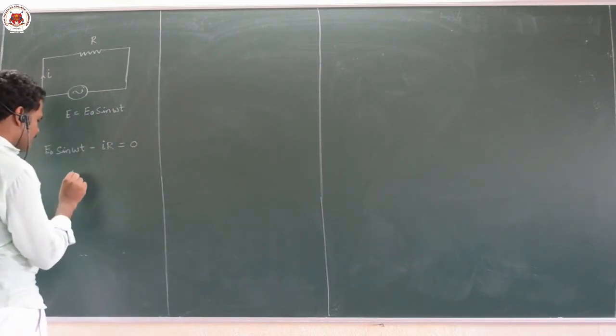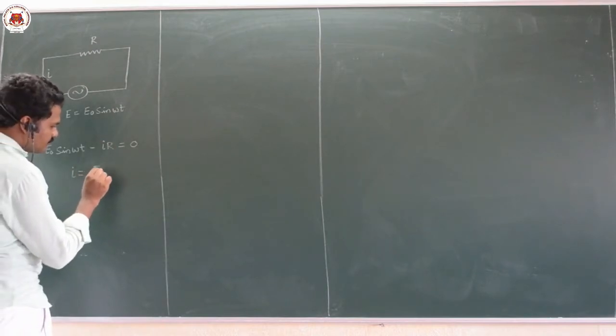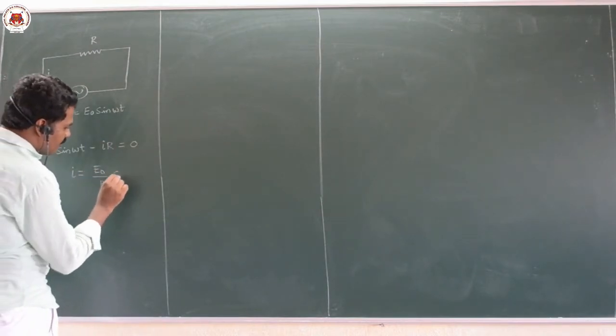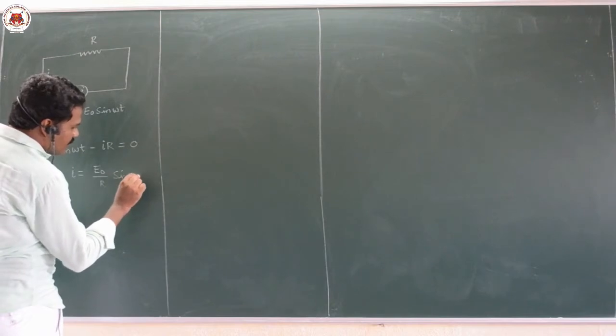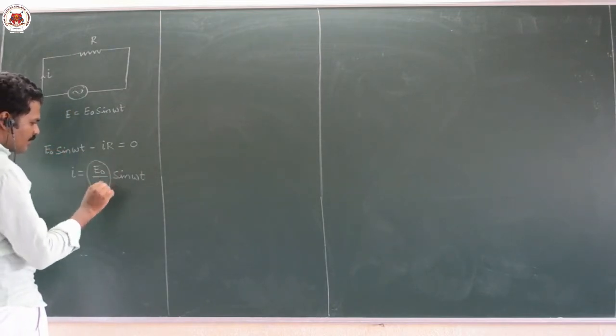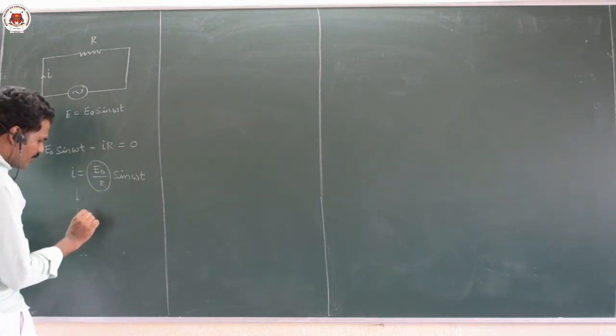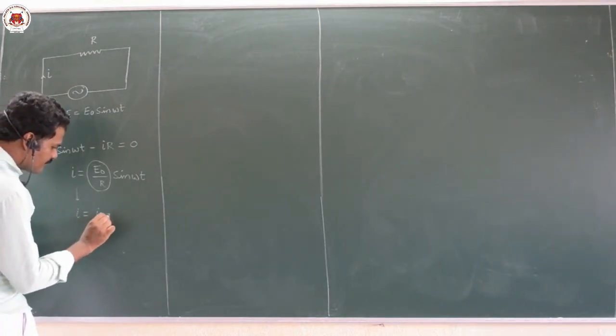Therefore, I is equal to E naught by R sin omega t. E naught by R is the maximum value of current, so I will write it as I is equal to I naught sin omega t.